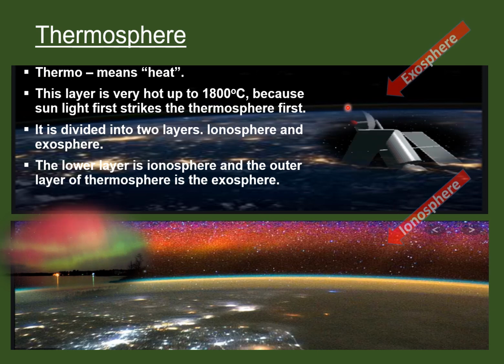In the northern hemisphere, brilliant light displays like this are seen. These light displays are called aurora borealis. Auroras are caused by the particles from the sun that enter the ionosphere near the poles. These particles strike atoms in the ionosphere, causing them to glow.